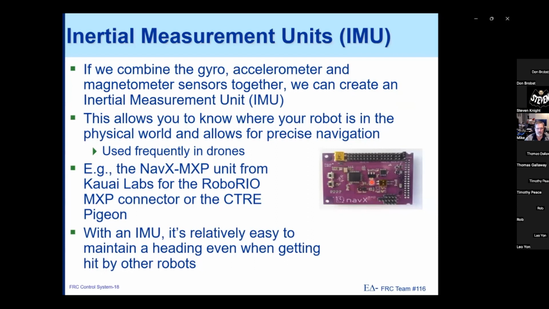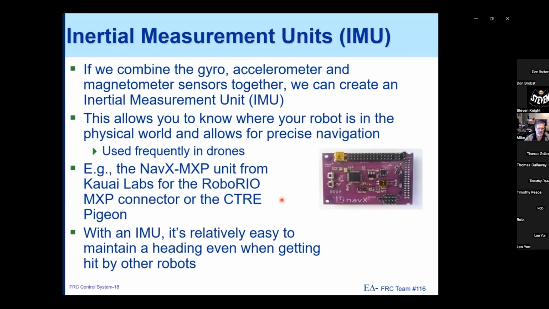This is not easily done if the IMU is mounted to the RoboRIO, because there's no guarantee you can mount the RoboRIO in the center of the robot. However, the Cross the Road Electronics Pigeon sensor is connected via CAN bus, and we can then use the CAN bus cabling to move that sensor into the middle of the robot.